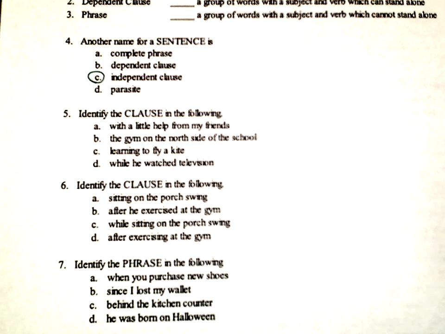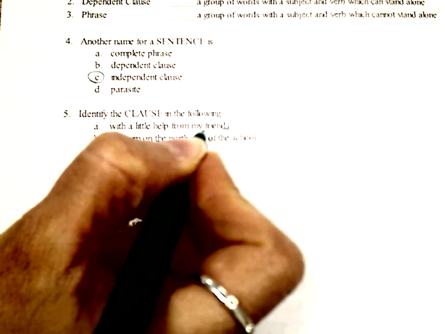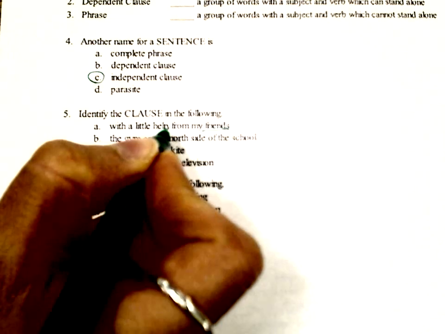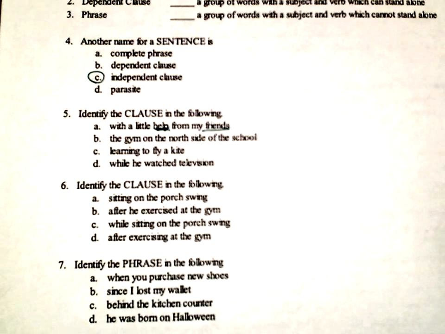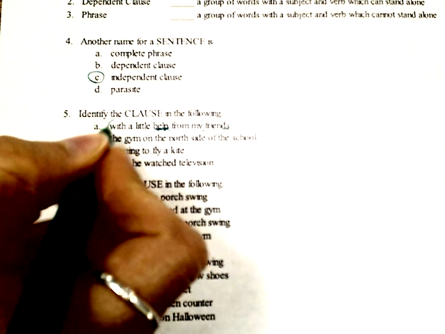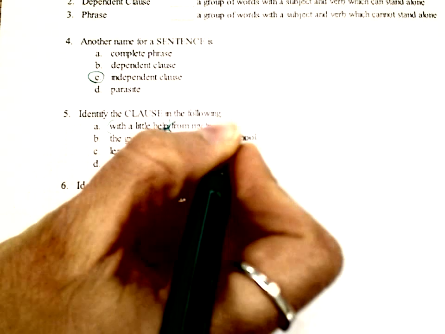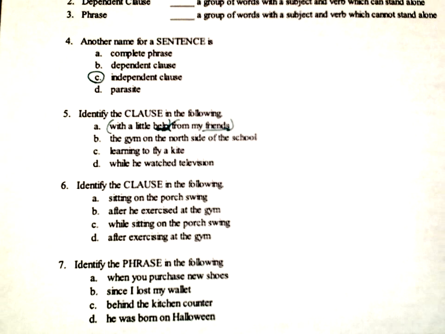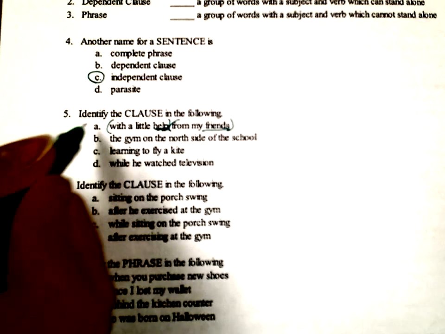Anyhow, if we look at this one, we see that we have friends, which most students would say is a noun, and we have help, which can sometimes be a verb. But in this case, help is actually acting like a noun because it is in a prepositional phrase. And friends are not the ones doing the help. They're not side-by-side friends help in a subject-verb combination. So that is a phrase, so we cross that off.